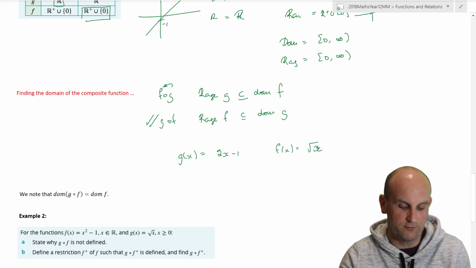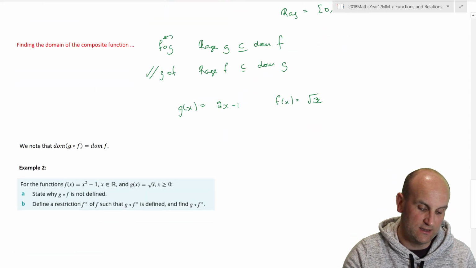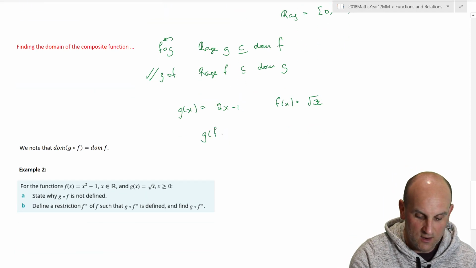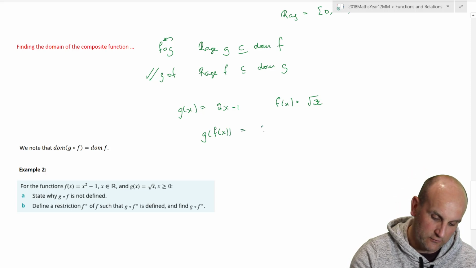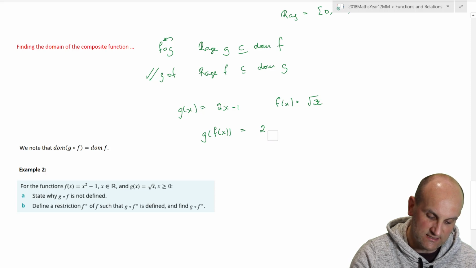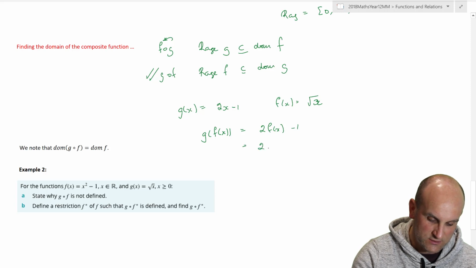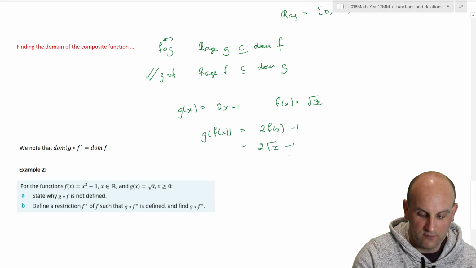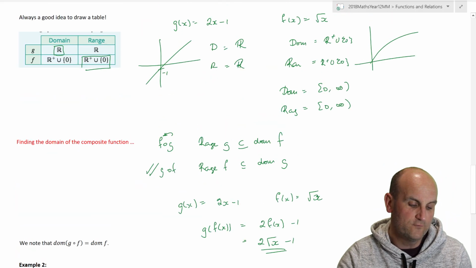So G of F is defined, so I've got g of f of x. I'm going to take 2 and put f of x everywhere I see an x, so 2 f of x minus 1, which gives me 2 square root of x minus 1. And ladies and gentlemen, there we go. That is the rule for my composite function.